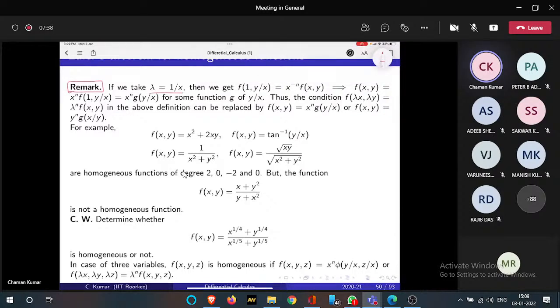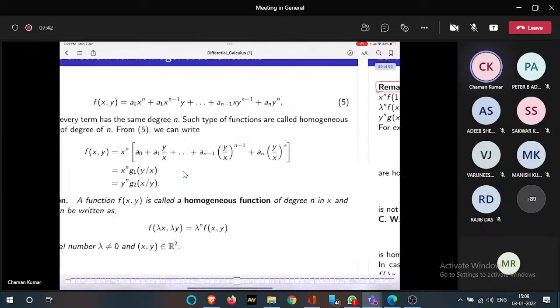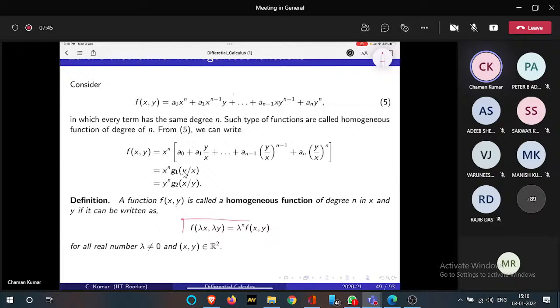If lambda is equal to 1 by x in this definition, then on the left hand side you have f(1, y by x), and on the right hand side you have (1 by x) raised to n f(x, y), and this implies f(x, y) is equal to x raised to n f(1, y by x).